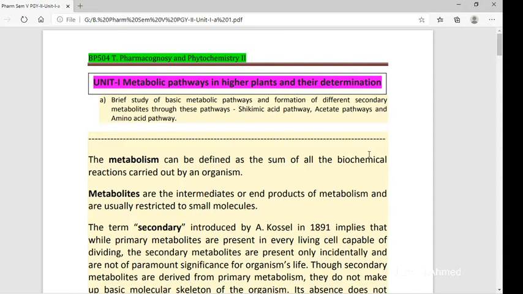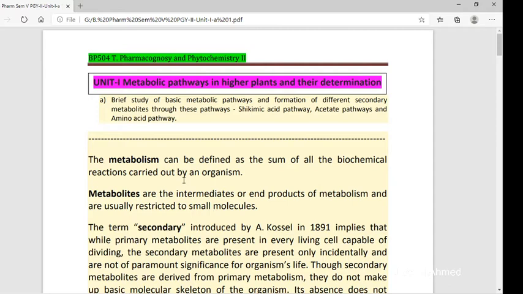The same thing happens in plants also. In our pharmacognosy, we are discussing the metabolism in plants. Now come to the definition of metabolism. Metabolism can be defined as the sum of all biochemical reactions carried out by an organism.